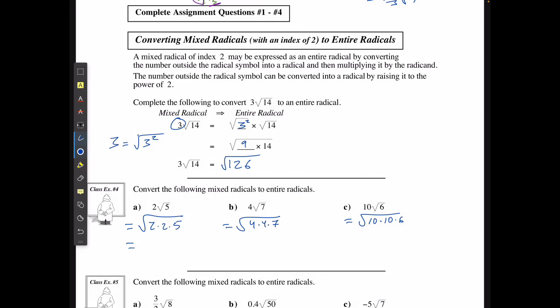The first one is going to give me a value of 20. The second one, where I take 4 times 4 times 7, it's going to give me a value of 112. And the last one is going to give me a value of 600.